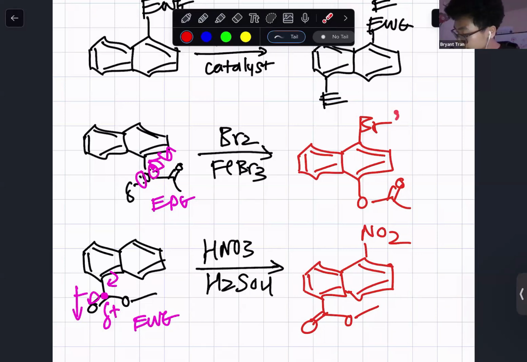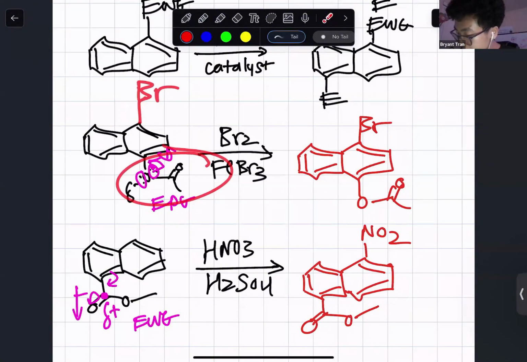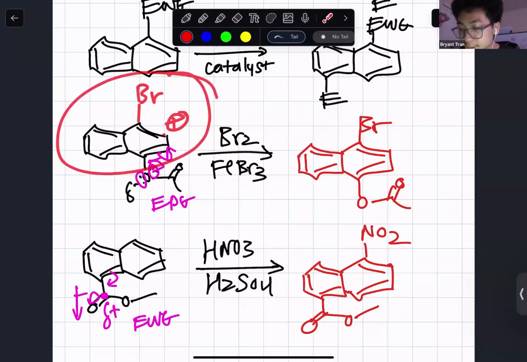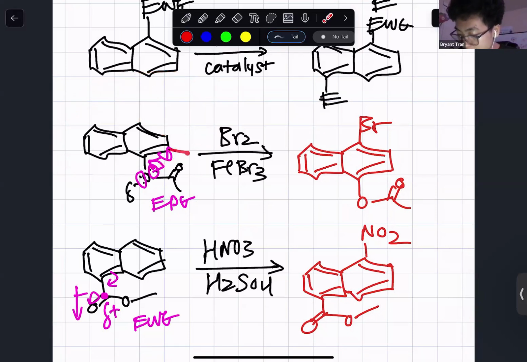So bromine here is going to be across from this EDG, because when we attach the bromine here and draw out the resonance structures, that's the most resonance stabilized intermediate. We wouldn't attach it ortho to it because that's too much steric hindrance.